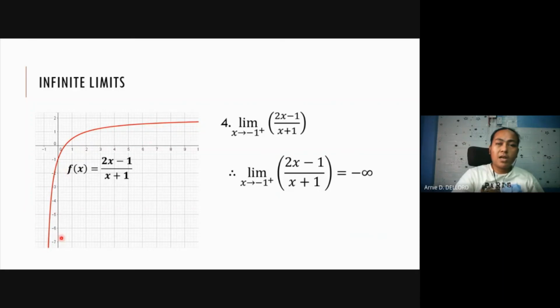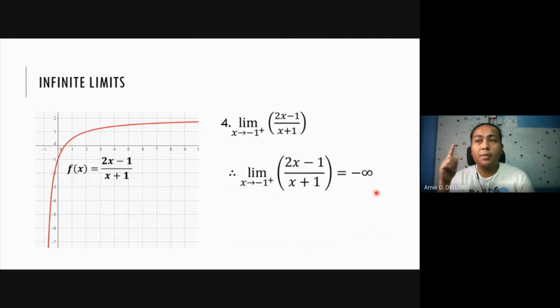Di ba pababa siya? It decreases without bound. So, pababa ngayon yung graph. Okay? So, in this case, the limit of 2x minus 1 all over x plus 1 as x approaches negative 1 from the right is negative infinity.